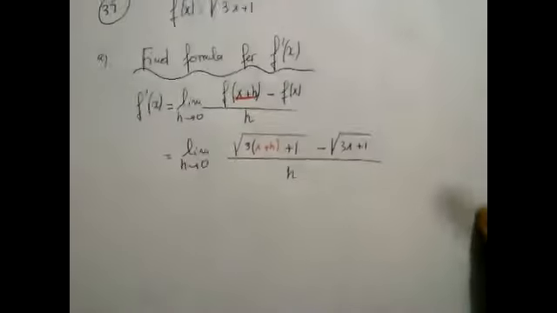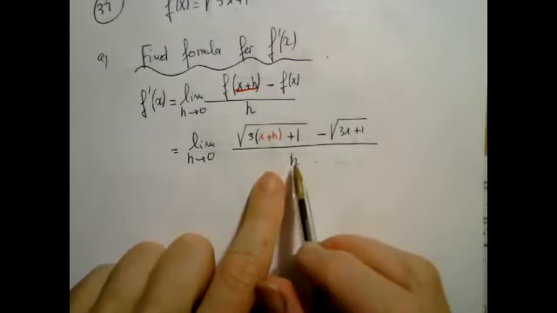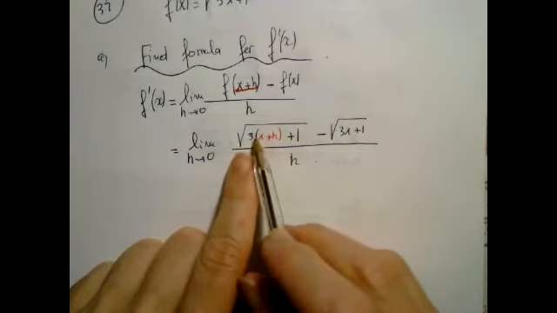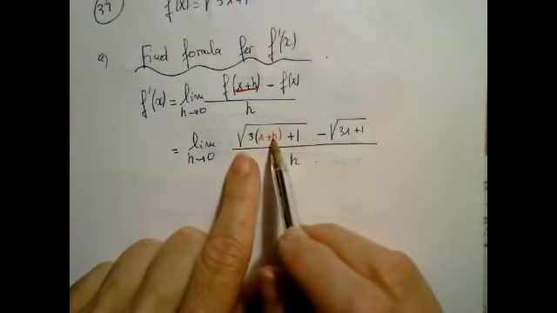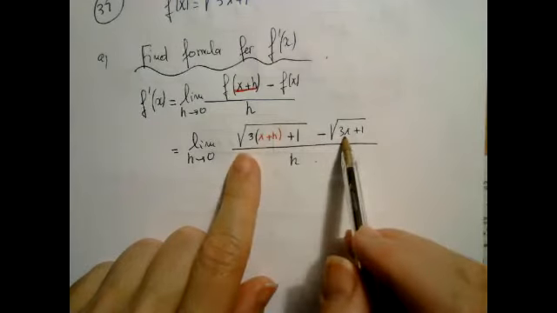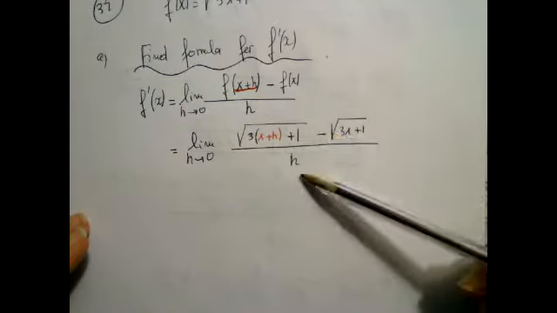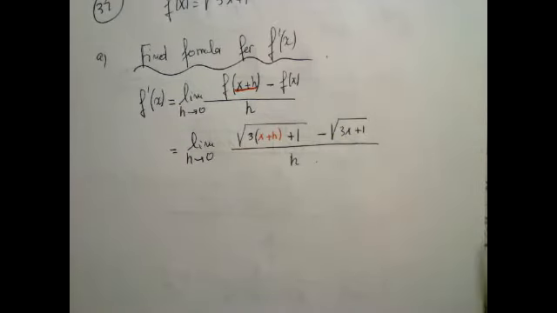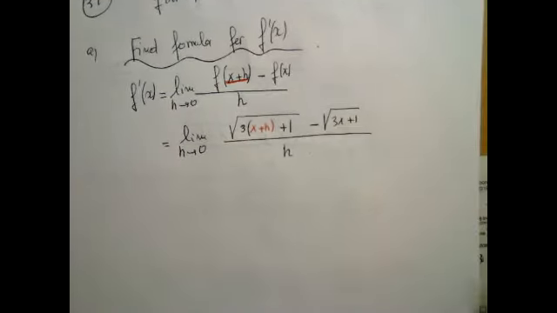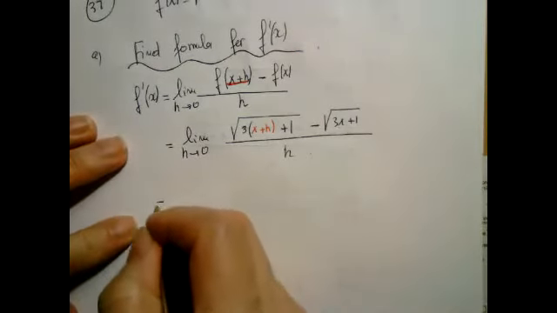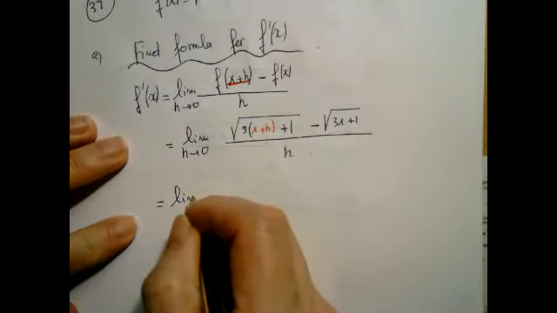Now, when h goes to 0, what's really happening? The denominator goes to 0. The numerator is h going to 0, so I will be left with the square root of 3x plus 1 minus the square root of 3x plus 1. So when h goes to 0, we have 0 over 0. We are in trouble. How can we get rid of that? This is a scenario that we've seen.